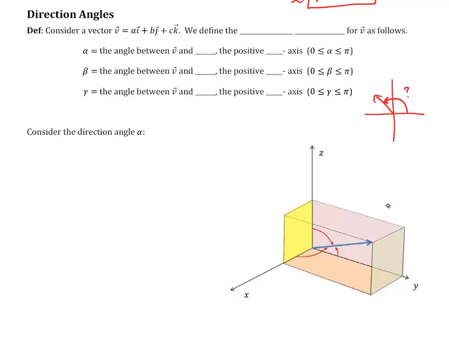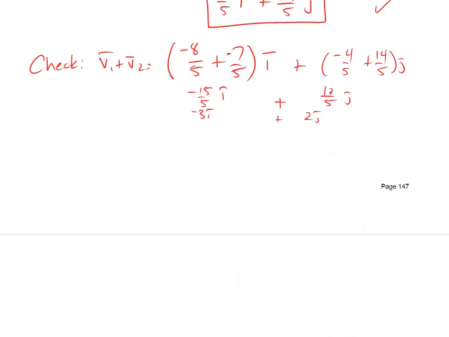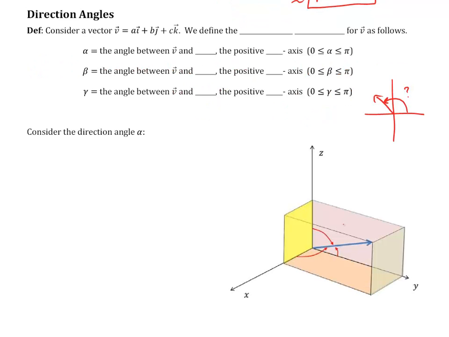When you have something in 3 space, like you see down here in this picture, if a vector is coming out in space, you don't uniquely describe a vector by its angle relative to just the positive x-axis. One way to do it is to describe it in terms of the angle that it makes with every axis. So we're going to call these angles direction angles.